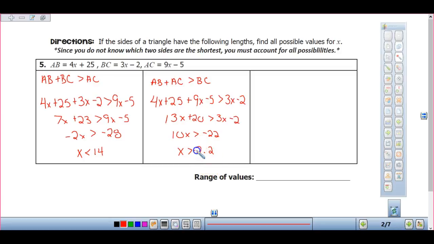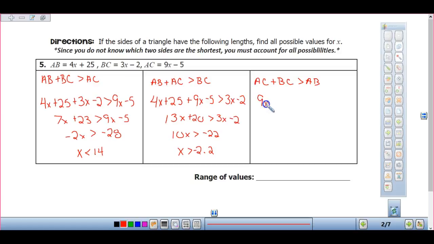Okay, and then our third one, we are going to go AC, because we haven't done that one, plus BC. So these two sides, AC plus BC has to be greater than AB in this case. So 4x plus, nope, sorry, I messed that up.